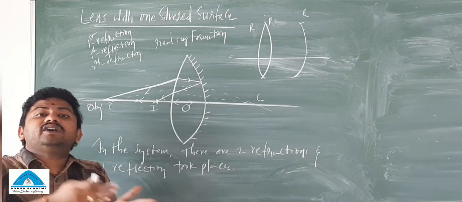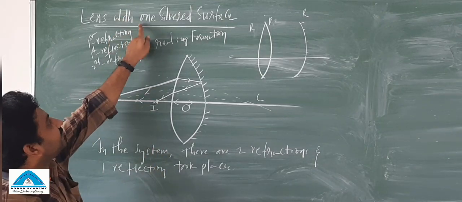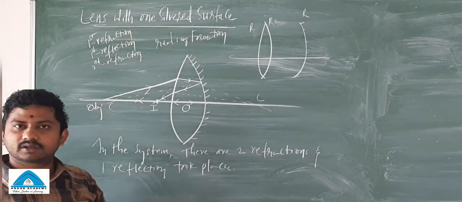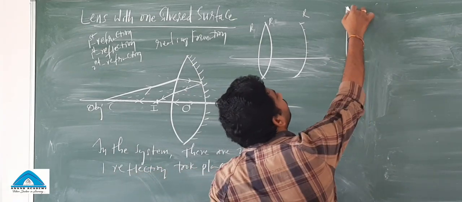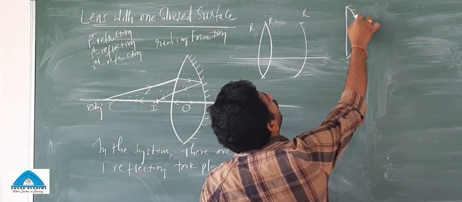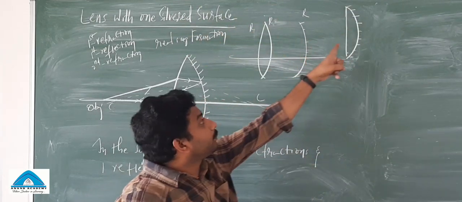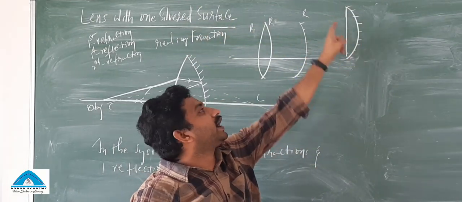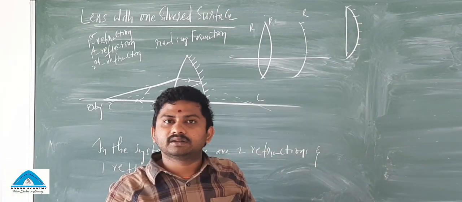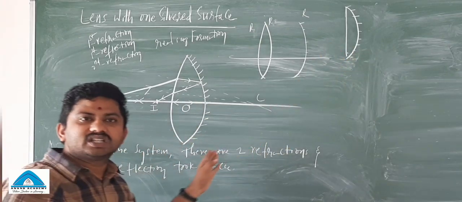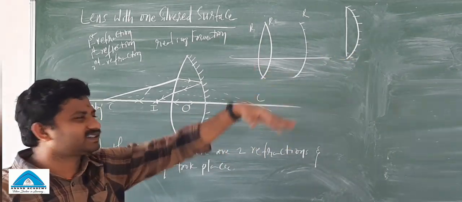And whatever may be the system of lens with one silvered surface, because later we will be discussing a concept called plano convex lens where it is also silvered. You can see here plano convex lens where one surface is silvered, third surface is silvered, right? In this situation also the same thing goes, two refractions, one reflection. That's what we will discuss later.